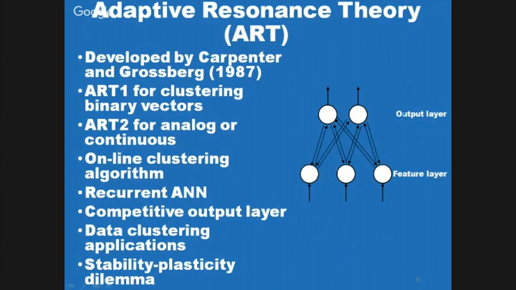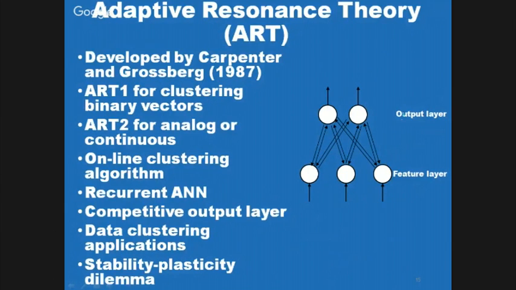Other ARTs are also used, with fuzzy, with map, and so on. But ART1 is basically for clustering binary vectors, and ART2 is for analog or continuous vectors, just like we did in vector quantization with analog values.